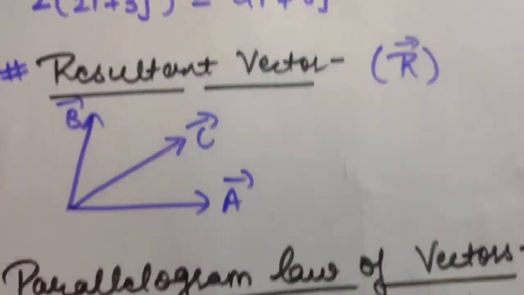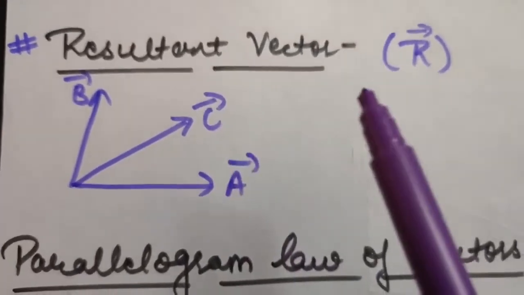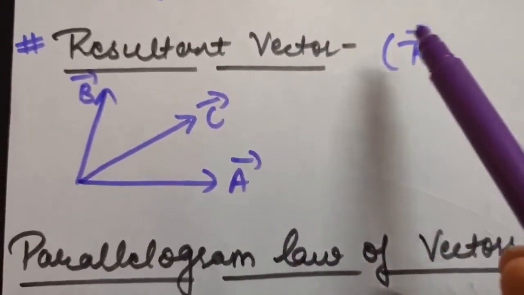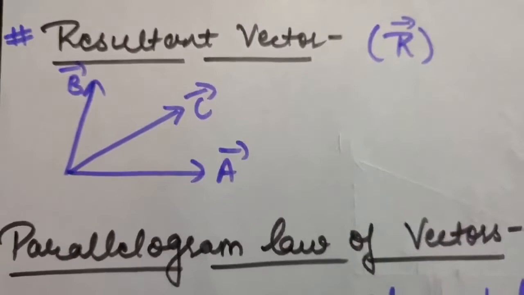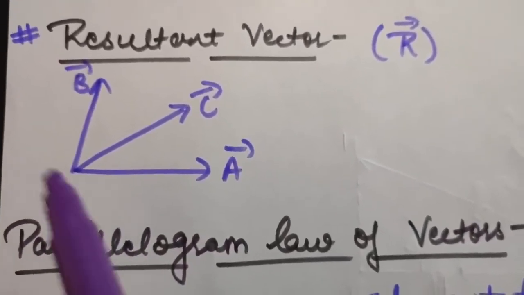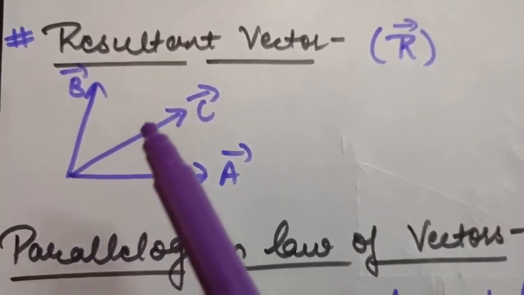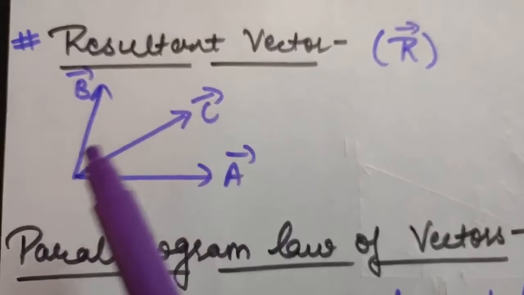Okay, so the next is the resultant vector. The resultant vector is always denoted by R. Now if I say A and B are two vectors, and I want to calculate the resultant, then let us suppose C is giving its resultant, so this will be the resultant vector.